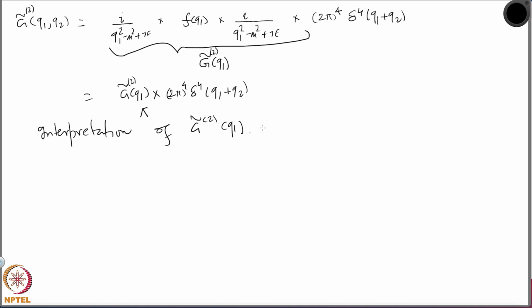Instead of q1 I will just write q, because I am doing it in general. So g tilde 2 of x prime is, I'm doing a Fourier transform but with only one variable.